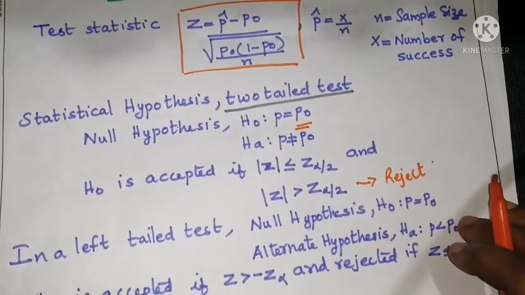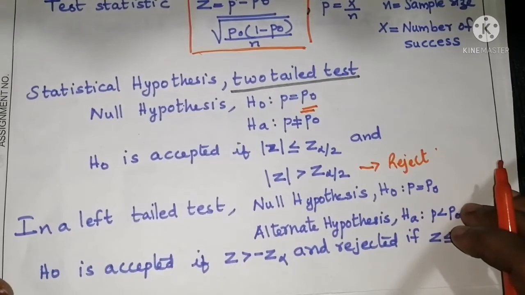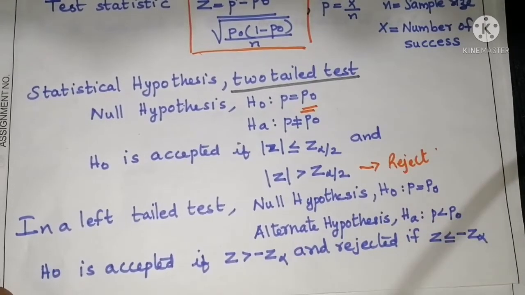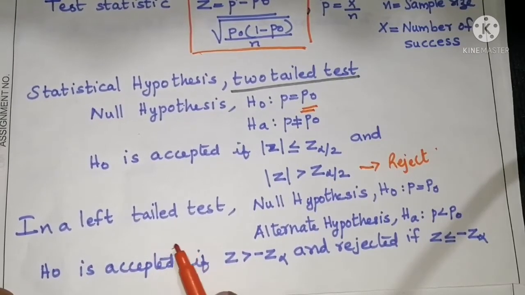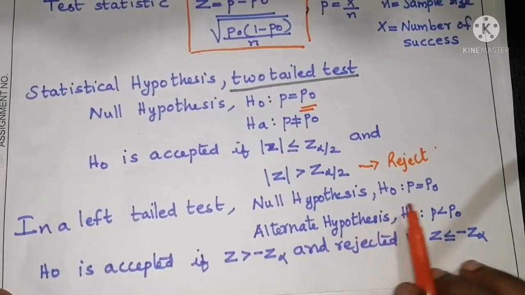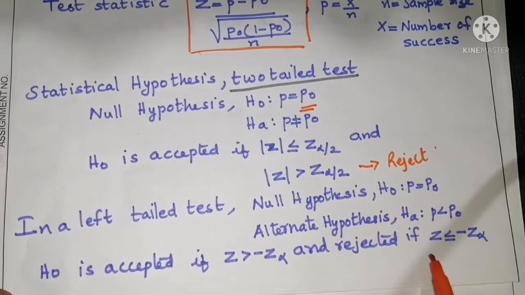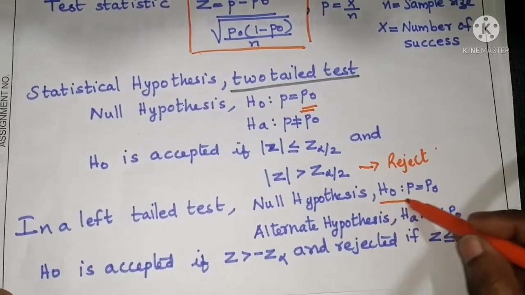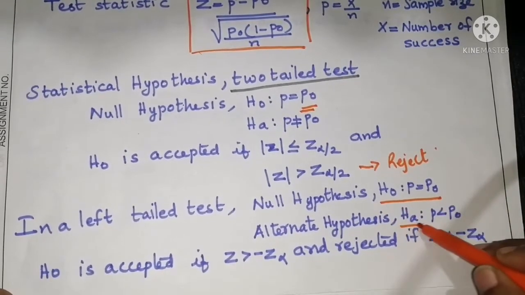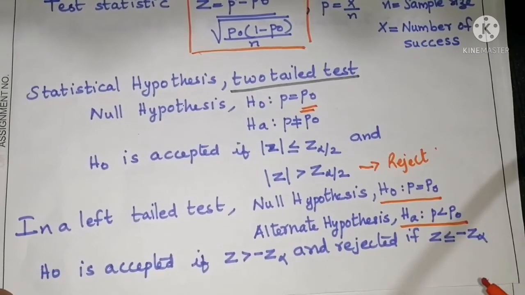Then in the case of one-tailed test, first we are going through the left-tailed test. Condition for left-tailed test: null hypothesis is H naught P equal to P naught and alternate hypothesis is P less than P naught.